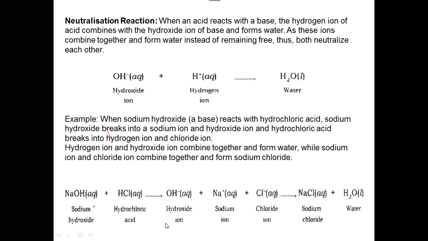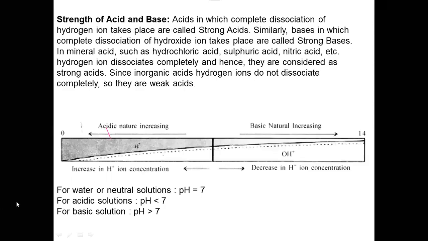So this gives Na plus ion in aqueous solution and Cl minus ion in aqueous solution. These ions combine to give NaCl, and the side product is water. So this is the neutralization reaction and its example.